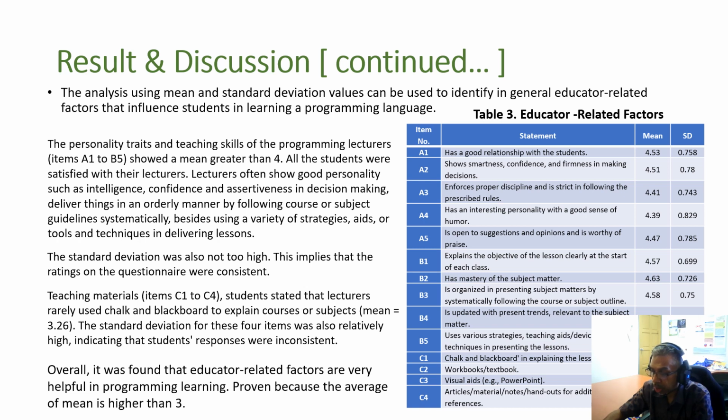Lecturers show their confidence in teaching delivery, intelligence in their area, and are very knowledgeable in the subject matter, and creatively use teaching aids or tools to make the programming class more fun and attractive. The standard deviation is not too high, and this indicates that the ratings of the questionnaire are consistent.